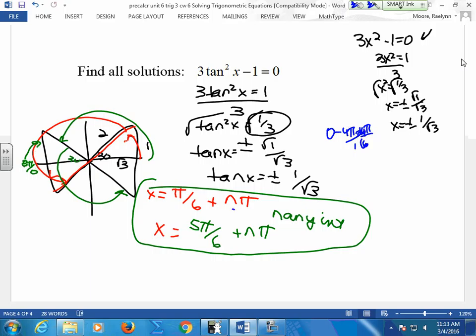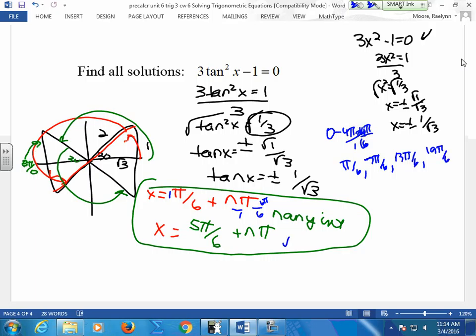So this time we're going to add 6 pi. So pi over 6, add 6: 7 pi over 6, 13 pi over 6, 19 pi over 6, and if I add 6 again, I'm out of my 24.